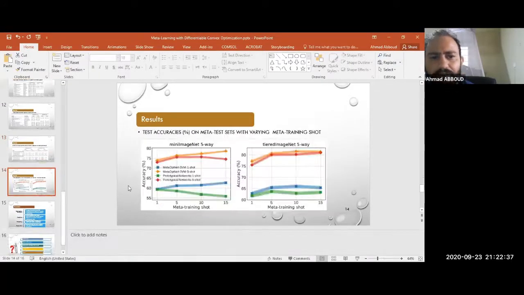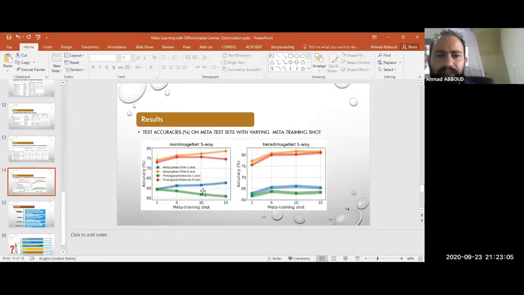And here they make some experiments to see the accuracy compared across 1 shot and 5 shots. We can see that on both datasets, miniImageNet and tieredImageNet, the MetaOptNet SVM, let's say the orange line, which was 5 shots here, is better than prototypical network.